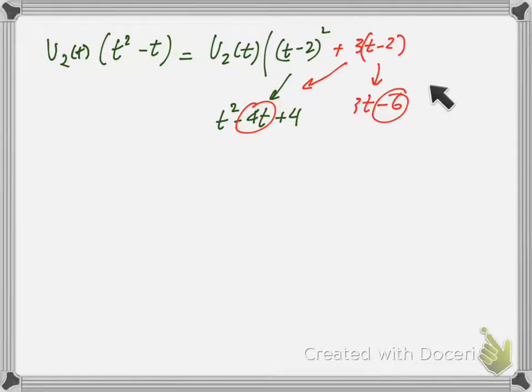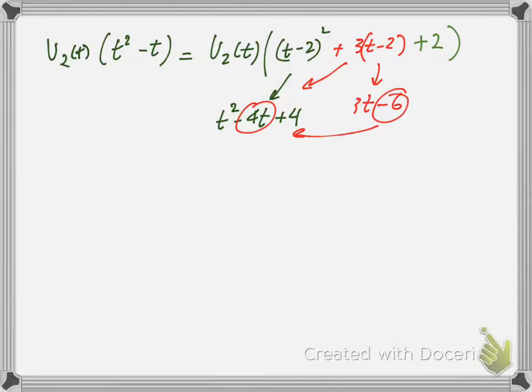We have to do something to preserve the original function. t² is just t², good. Negative 4t plus 3t is negative t, which is good. We don't have any constants, but now we have plus 4 and negative 6, and 4 minus 6 is negative 2. We have to add 2 in order to make it 0.